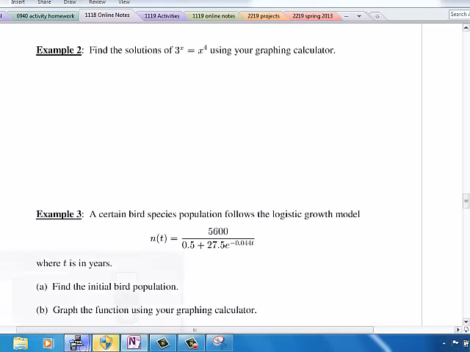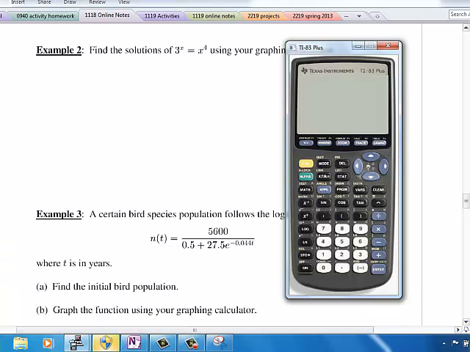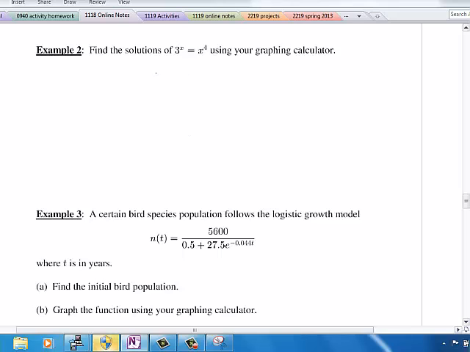So let's do this. Let's graph both sides. First, let's think about what this graph is going to look like. And then we'll grab our calculators.